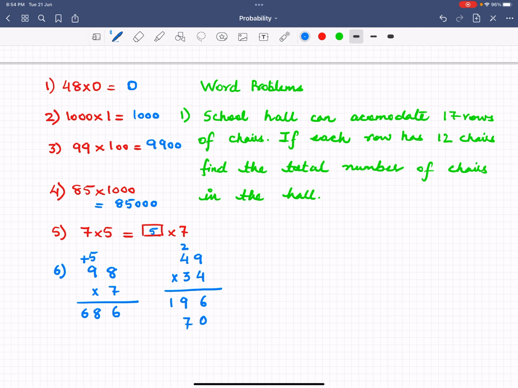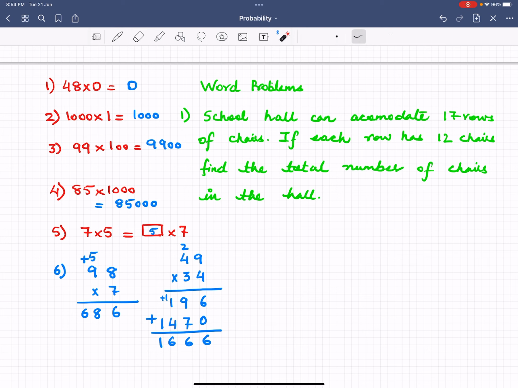Then 3 into 4 is 12, 14 after adding 2. When we add the 2 rows, we get 6, 9 and 7, 16. Add 1, 4 and 1, 5 and 1, 6 and 1. 1666.